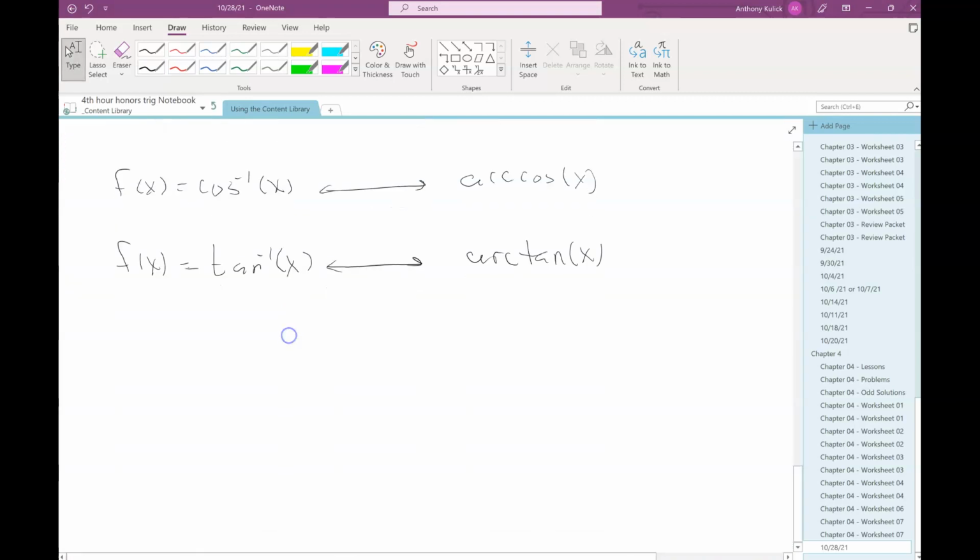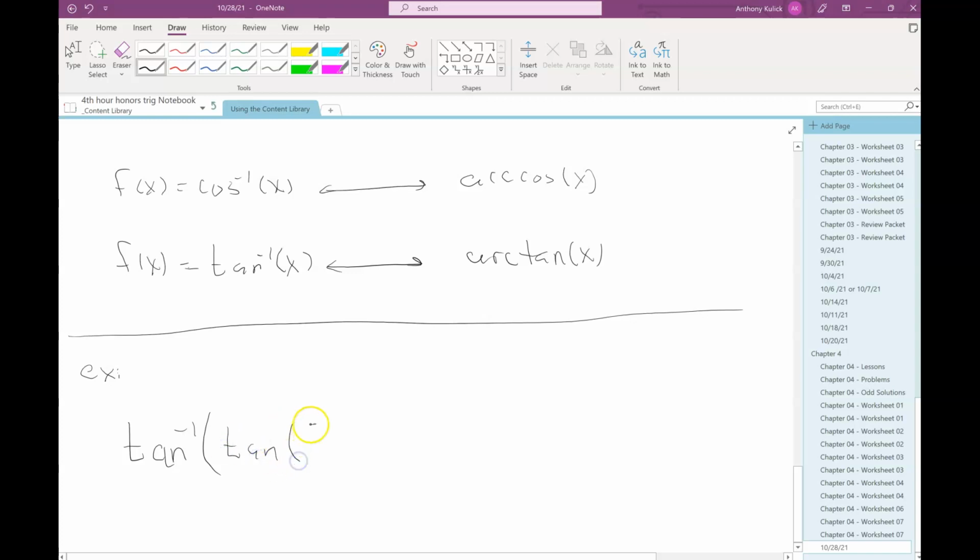So here's a tricky question. What is tan inverse of tangent of 5 pi over 4?